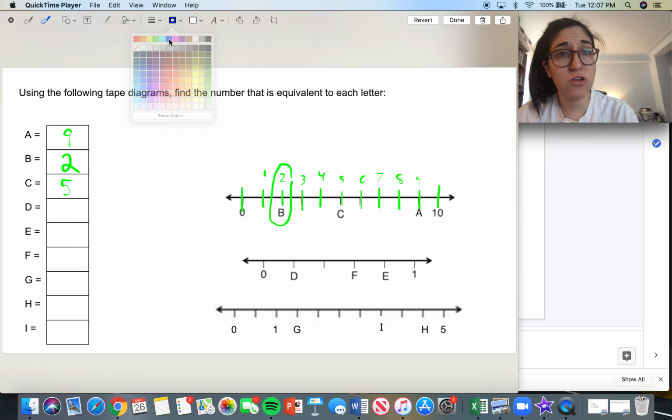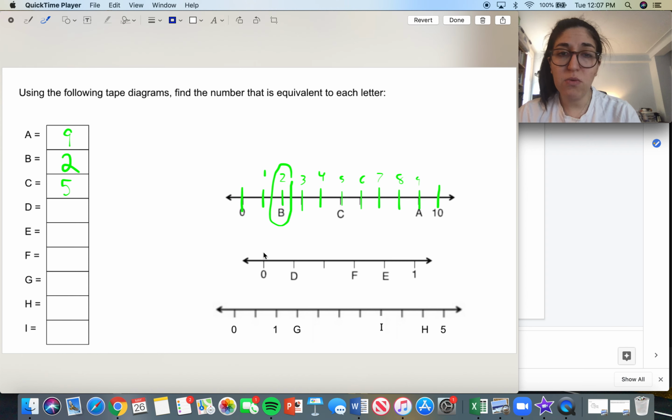So the next one we're going to do, again, I want to look at what are my endpoints here. Here it's 0 and 1. So it wouldn't make sense for us to use the same numbers that we did here, where we said okay, this could be 1, this could be 2, this could be 3, because if you look at the way it's spread out, it's only between 0 and 1.